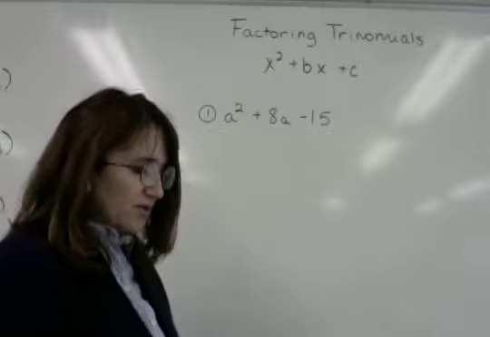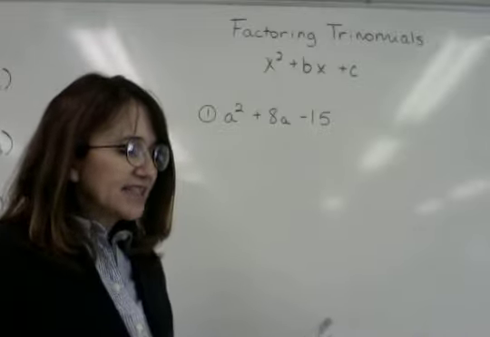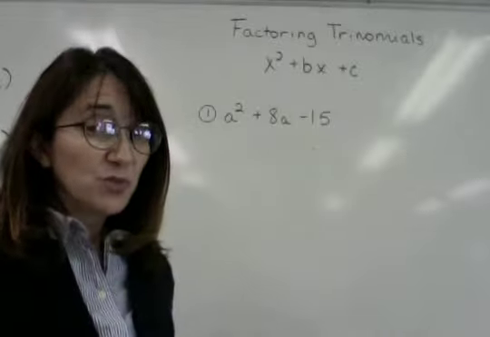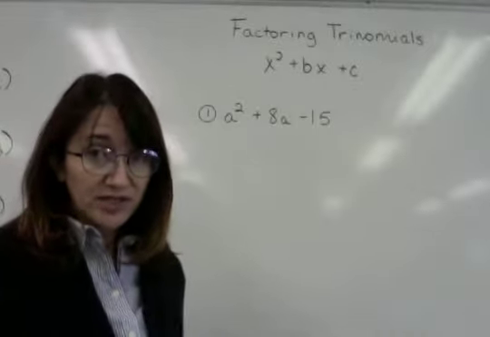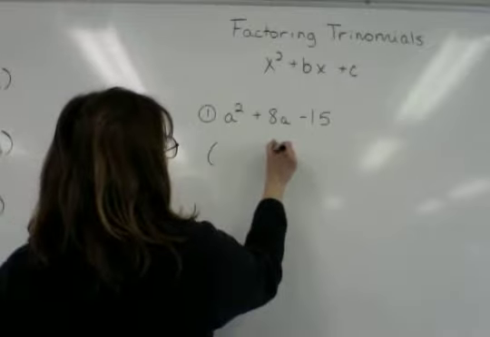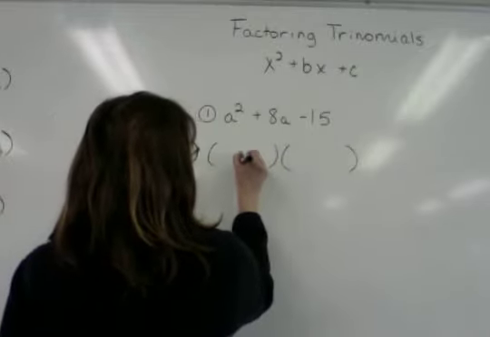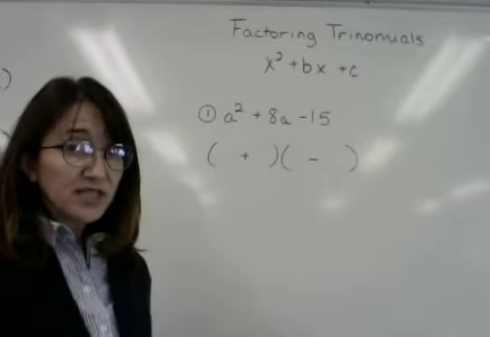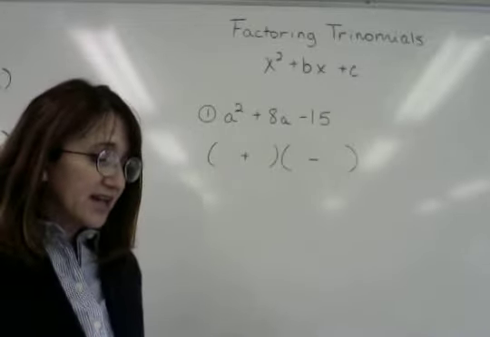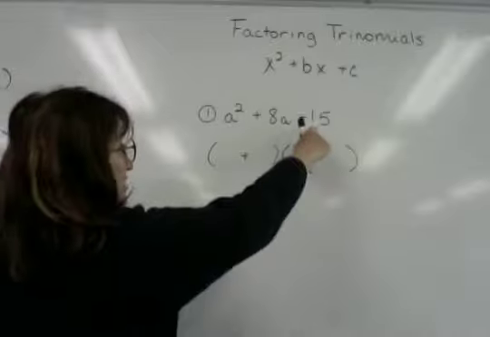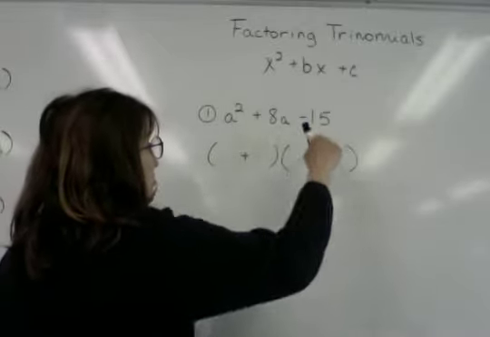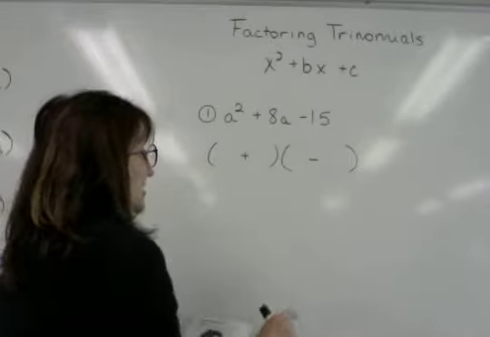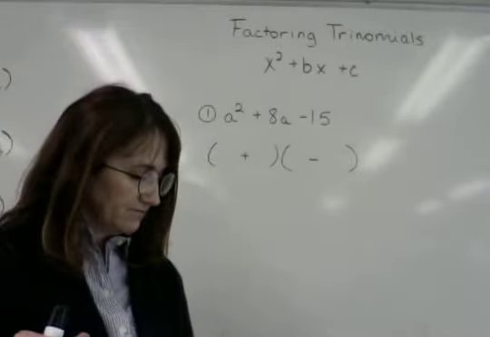If I go to my table on 410, if that sign of C is negative, I know my signs in my binomial have to be different. So I know that when I put this together, one's going to be positive, one's going to be negative. And then what it tells me is whatever sign, the larger factor of 15 is going to have to be the sign that I have here. I'm putting that together, right?